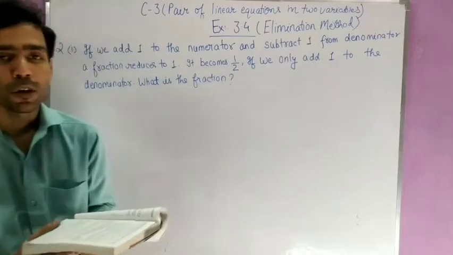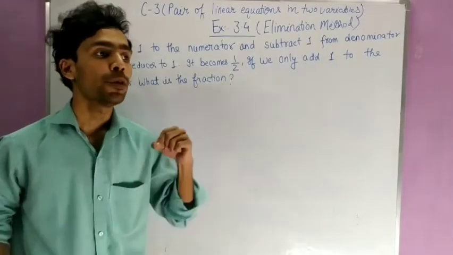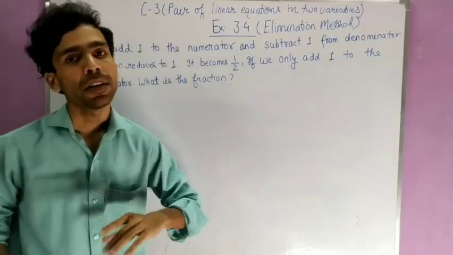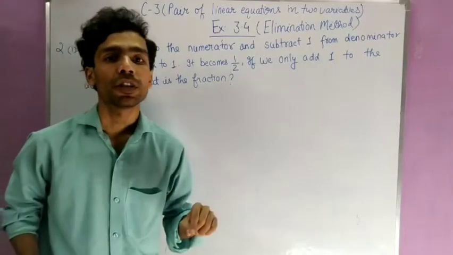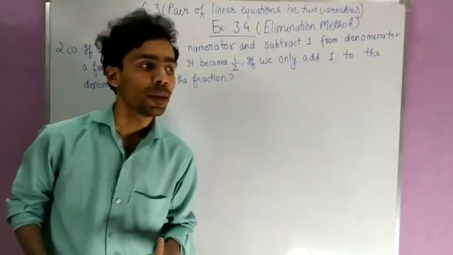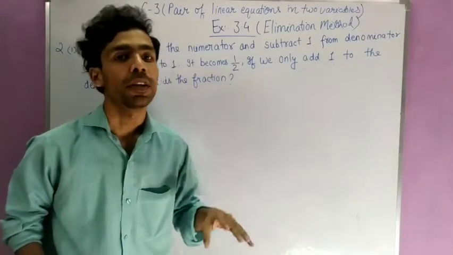In question number 2 there are many word problems, and you have to make equations from those word problems, and after that you have to solve those equations by which method? Elimination method. Because we have already studied the elimination method, so let's begin.